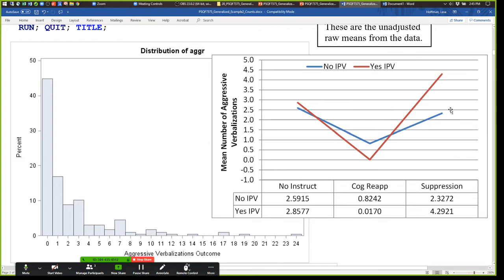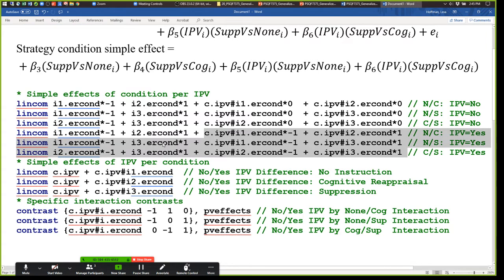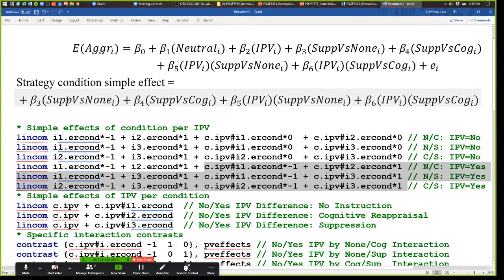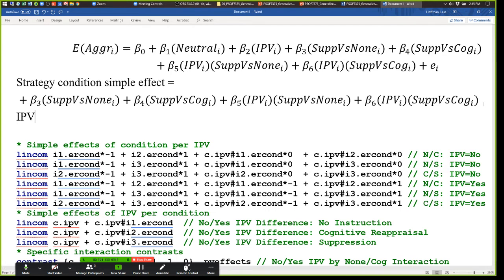What is the difference as a function of IPV? So to get those, what do I need? IPV simple effect equals. Which terms in my model do I need?